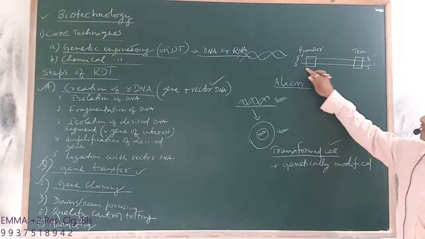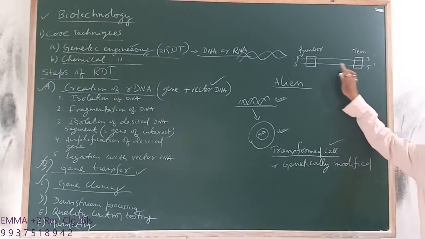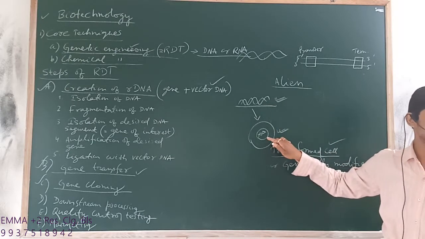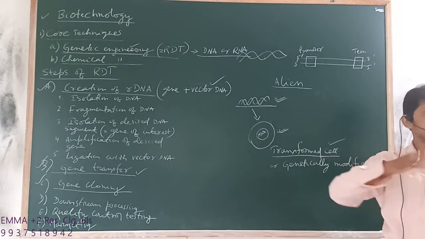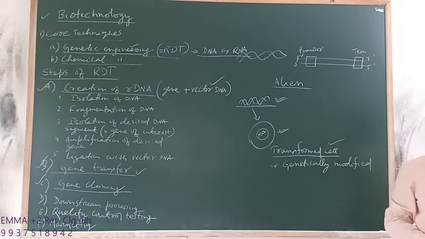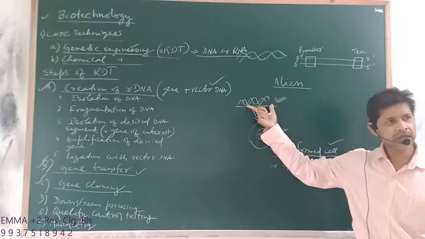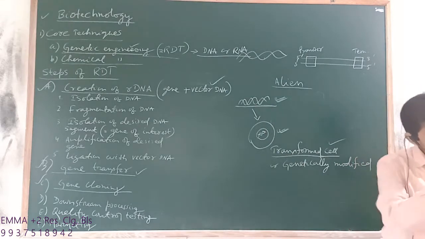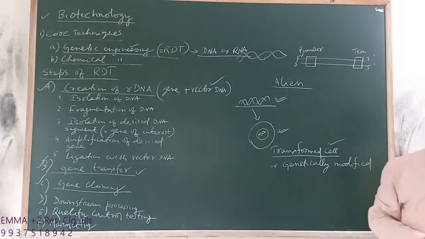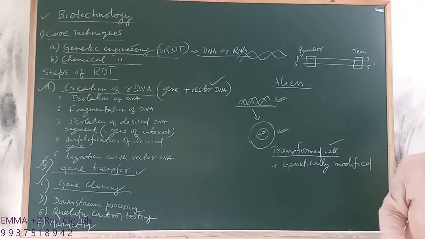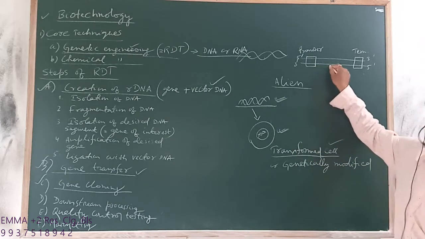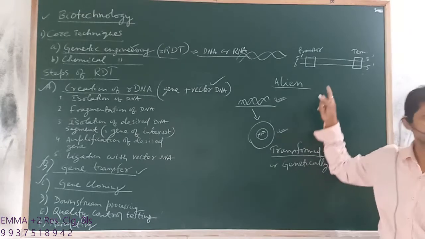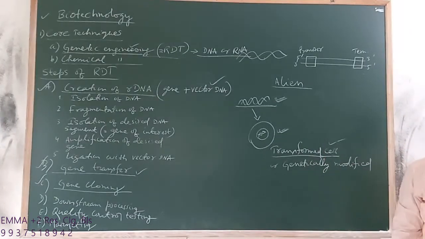So this ori site is absent in the gene. That's why the gene alone cannot replicate to increase its number. When a molecule increases its number to produce identical molecules, that is cloning. So unless the ori site is there, this cannot replicate, or cloning is not possible.